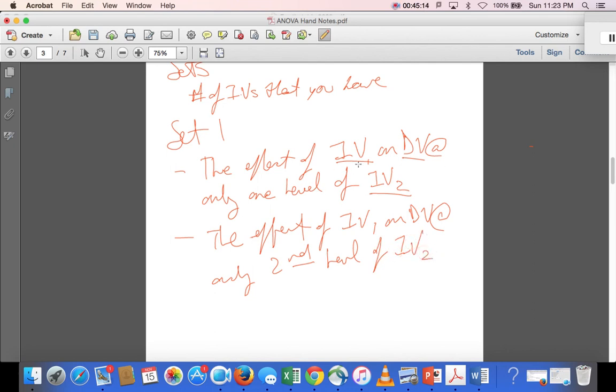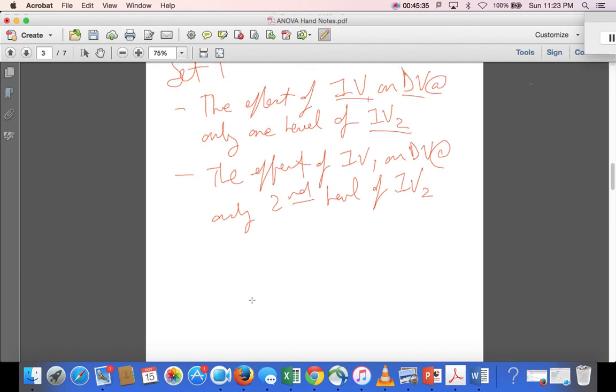So in other words, in my first simple effect for my first set, I'm going to put in the first level of my second IV in the second part of this sentence. In the second simple effect, I'm going to put in the second level in the second part of the simple effect.